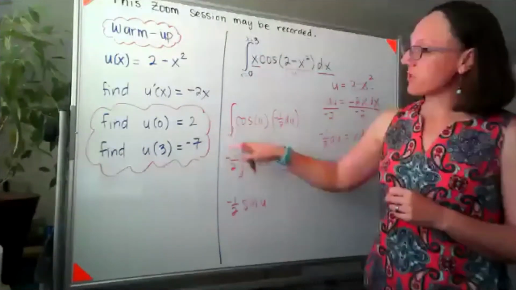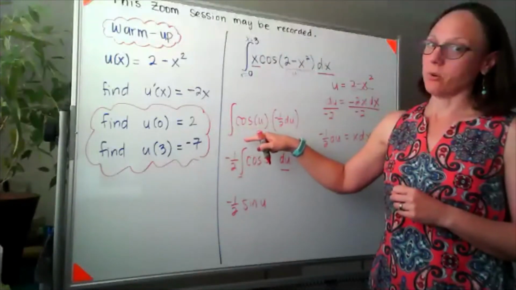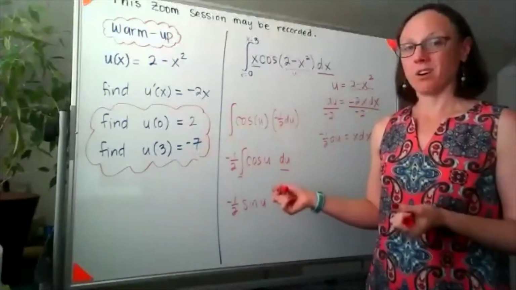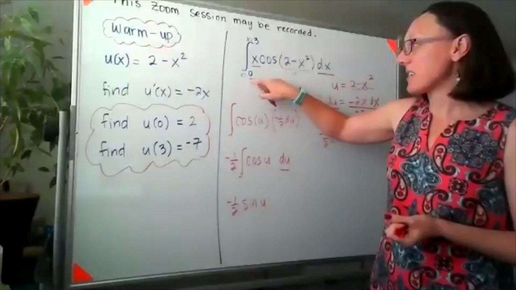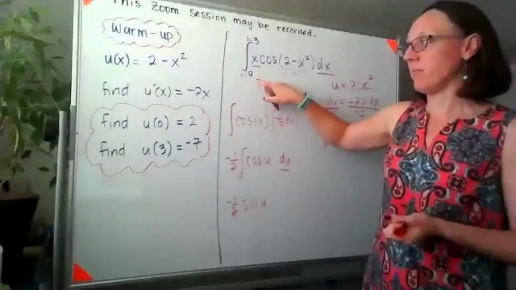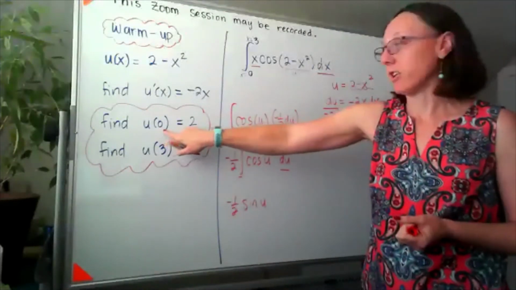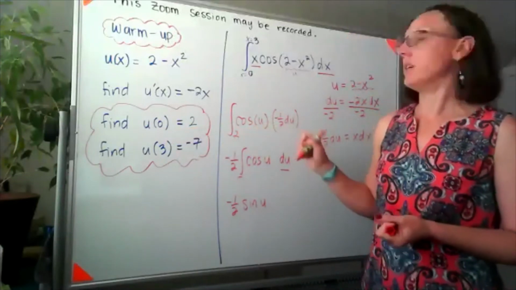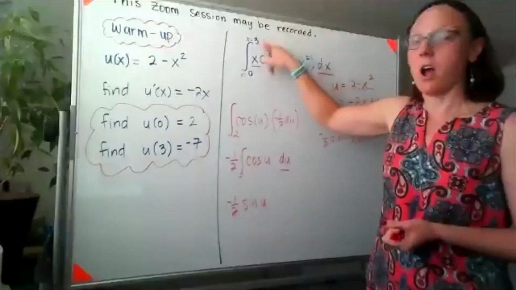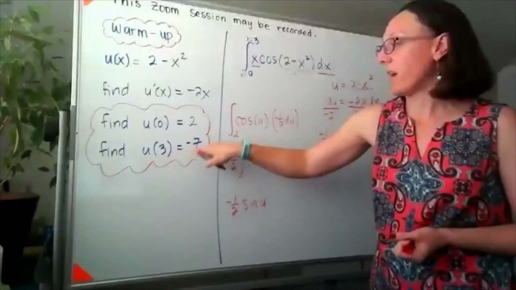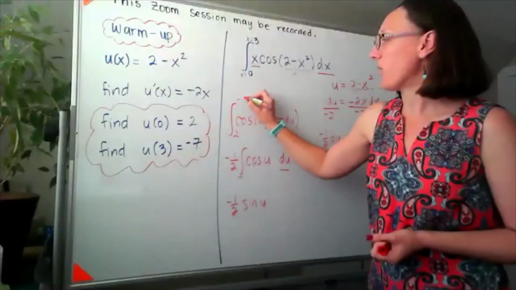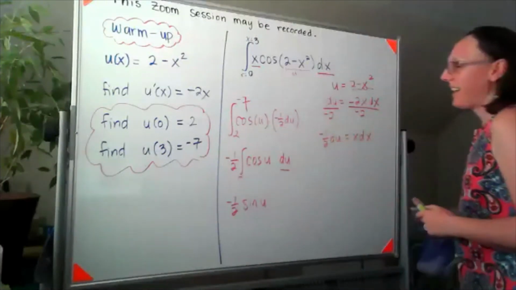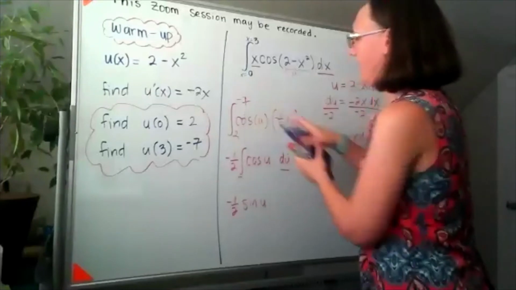But when we do this translation into the bounds for u, we have to keep them in the same order that they started in, which means in this case, x equals 0 was at the bottom. And when we plugged in 0, we got 2. So that's what belongs at the bottom of our integral. x equals 3 was at the top. So when we plugged in 3 for x, we ended up with -7. That ends up at the top.